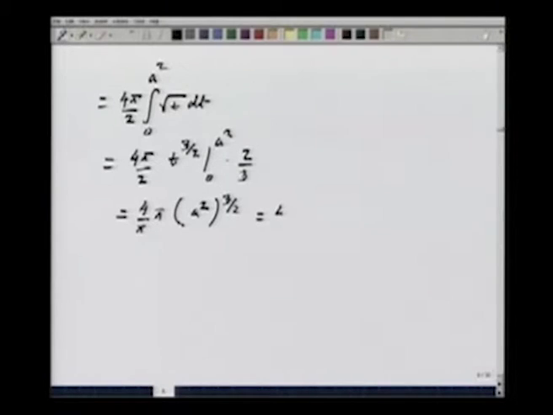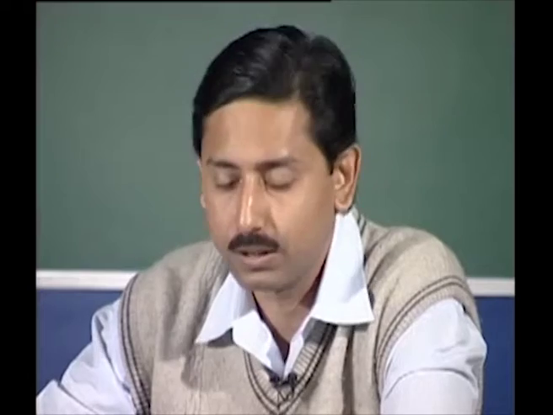Sorry, there is a 3 here, so 4 by 3 pi a square to the power 3 by 2, that is 4 by 3 pi a cube. That, we already know, is the volume of a sphere. It comes out of double integration and it becomes very easy just because of the change of variable formula.